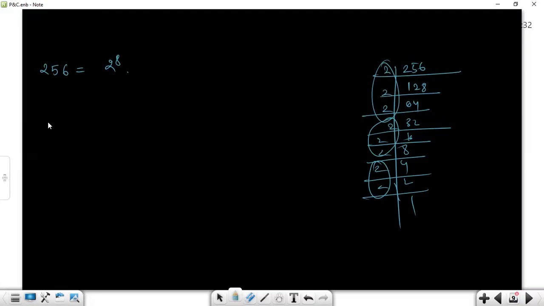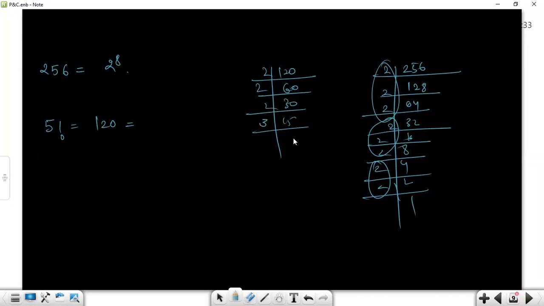Okay. Now what about 5 factorial? That is 120, and we'll find its prime factorization like this. 120 by 2, 60, 30, 15. Now it will be divided by the next prime number, that is 3, and then by the next prime number, 5.